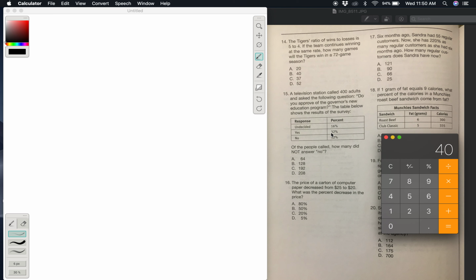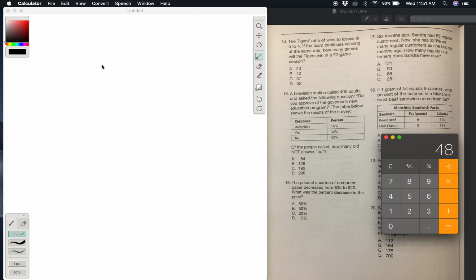Well, we have no is 52%, yes is not no, obviously, so we'll include them, and undecided is not no, so we'll include them. 32 plus 16 equals 48. So let's write the variables that we do know.